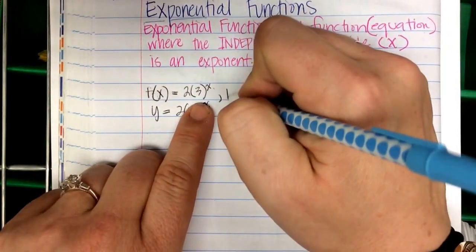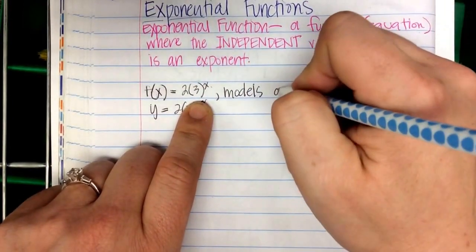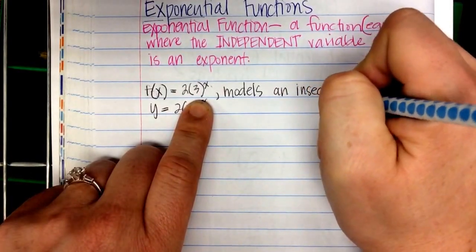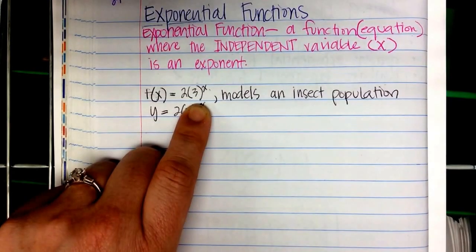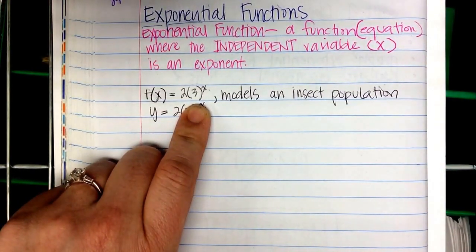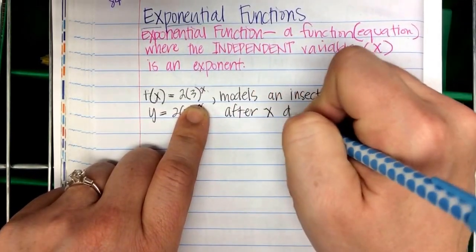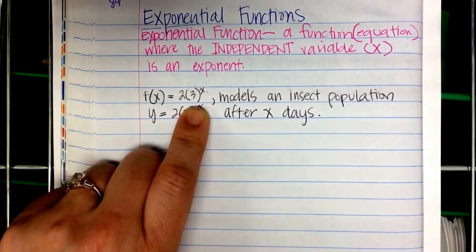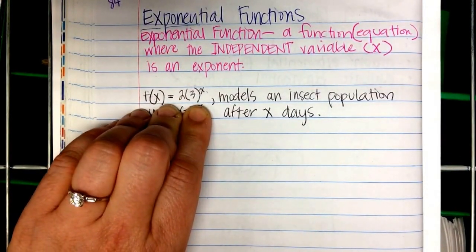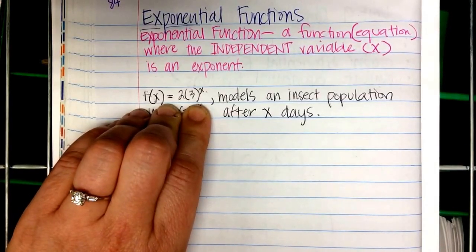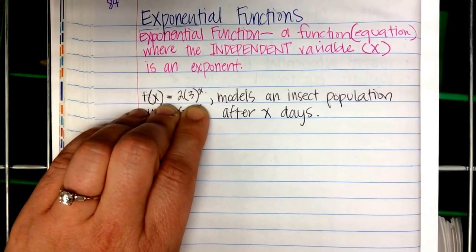So this models an insect population after x days. This function right here models the insect population, the fruit fly population, after x number of days.